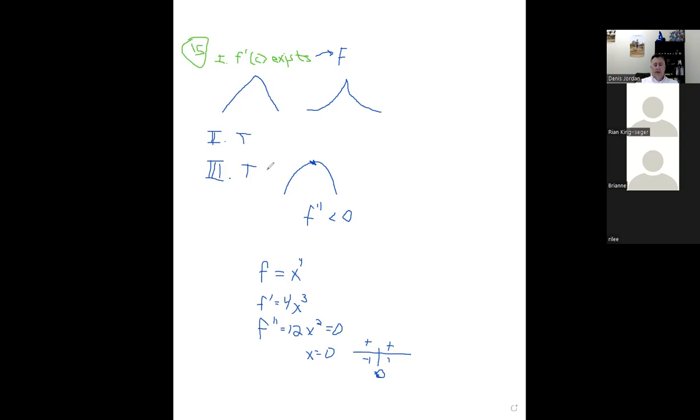Your concavity doesn't have to necessarily switch. Sometimes it just equals 0 there. So the equal bar is also allowed. So choices 2 and 3 are valid. They're the true statements, but not the first one.